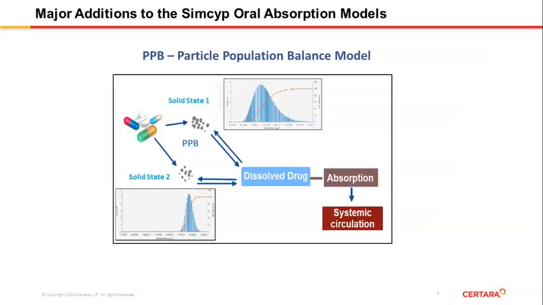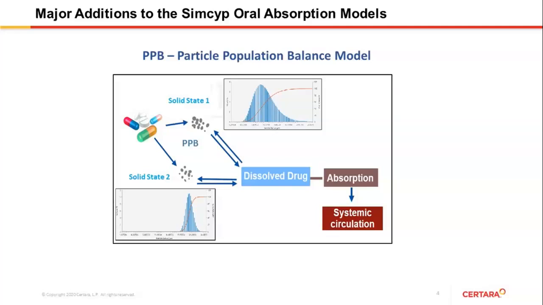Central to the major recent additions to the ADAM and M-ADAM models is the particle population balance model. This model is mechanistically able to well account for both particle balance within the modeling system, within the GI tract, and of course also mass balance. Coming with this are various other additional benefits which have enabled us to move the modeling significantly forward.